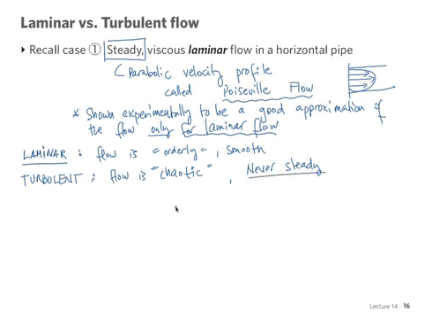Now, whether a flow is laminar or turbulent depends on a combination of effects. Basically, it depends on the balance between viscous and inertial forces.